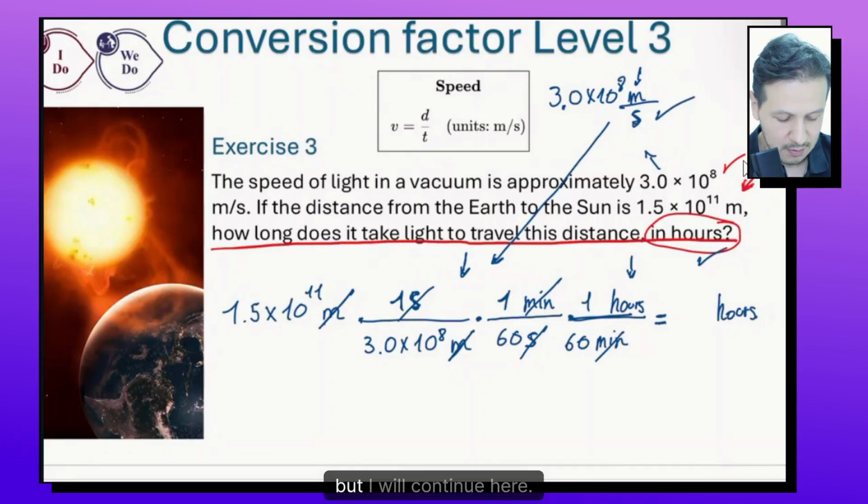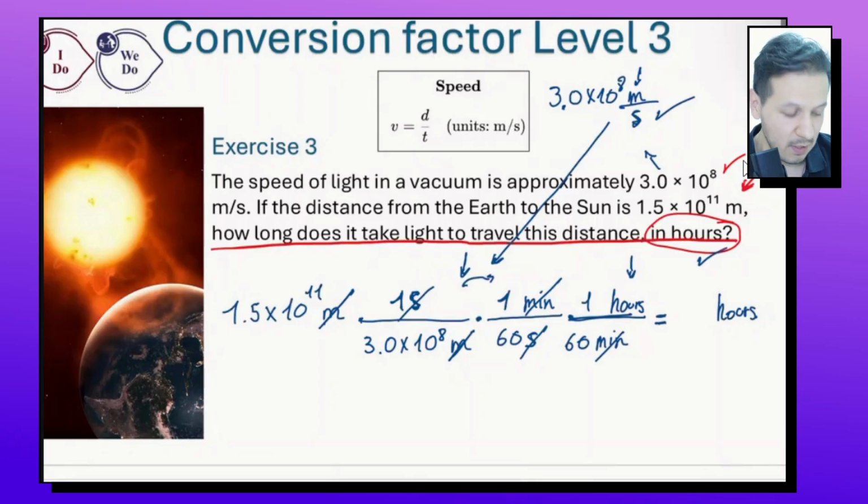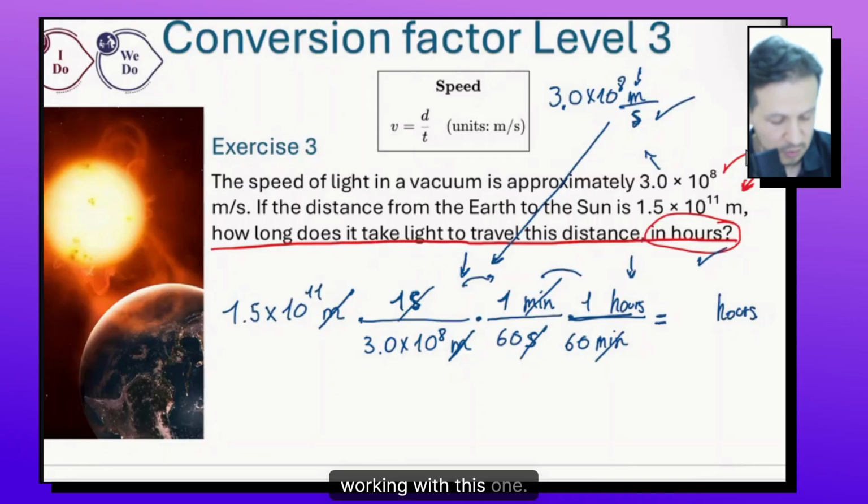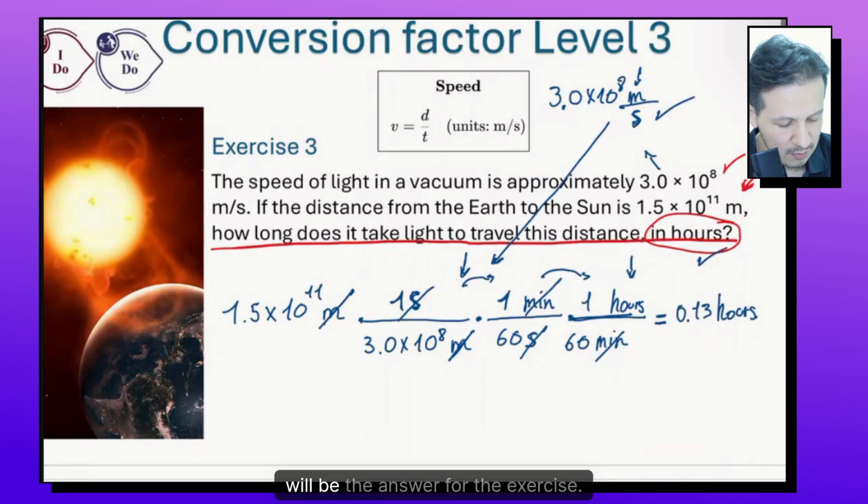I have 500, but I will continue here. 500 times 1 is 500. 500 divided by 6, it will be 8.33, but I don't stop. I just continue working with this one. 8.33 divided by 60. Again, that will be 0.133 hours. And that will be the answer for the exercise.